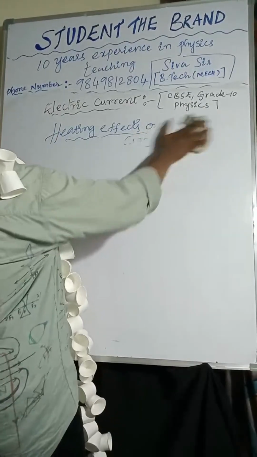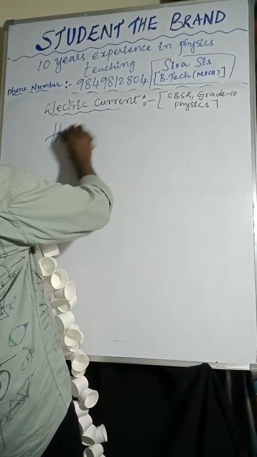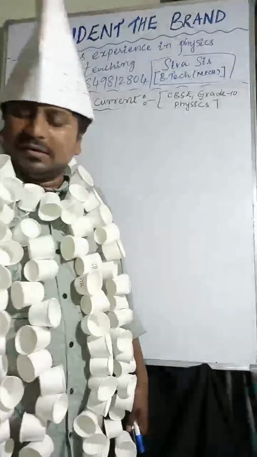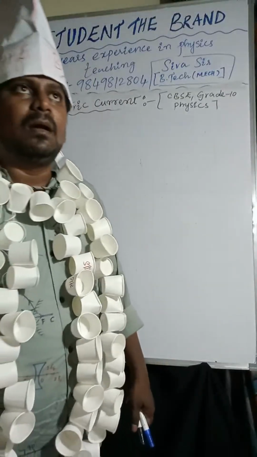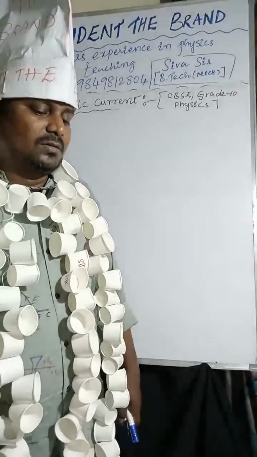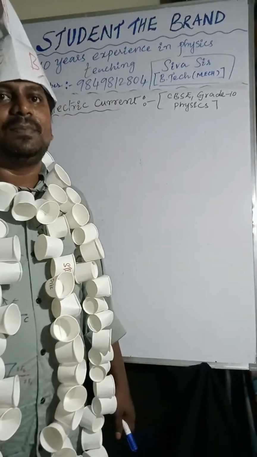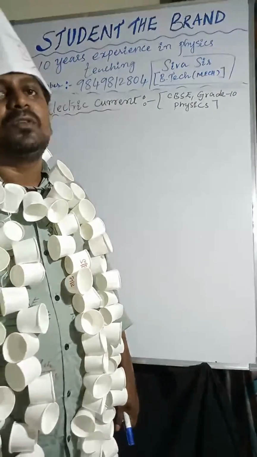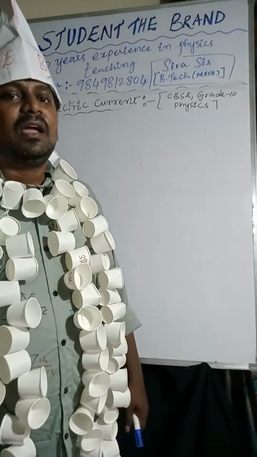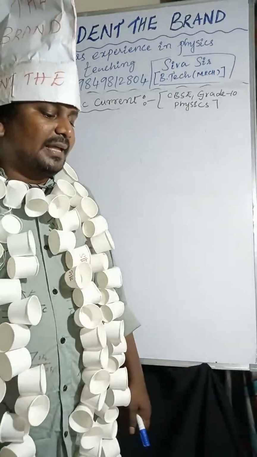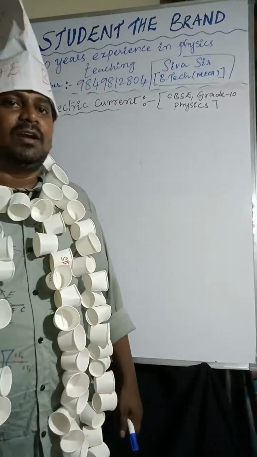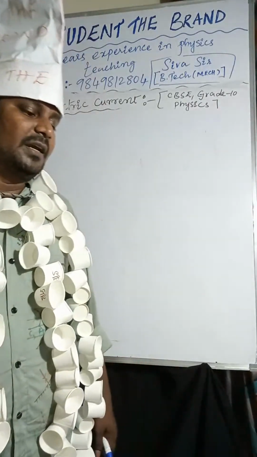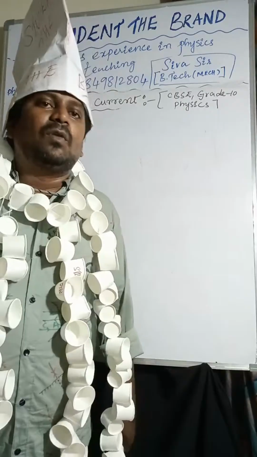If you are using high voltage appliances like a washing machine, geyser, grinder at a time, then it draws a heavy amount of current from the circuit. Then it leads to a short circuit, so the wire will melt and break. I hope it is very clear to you all. That is about overloading and short circuit.